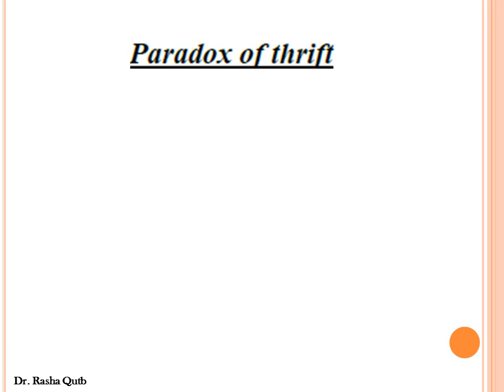Our last point in this chapter is about the paradox of thrift. Thrift means saving, and paradox we can call a dilemma. What does it mean? I am asking what the impact of saving is. Economists noticed that saving has an impact in the short run that is different from its impact in the long run.